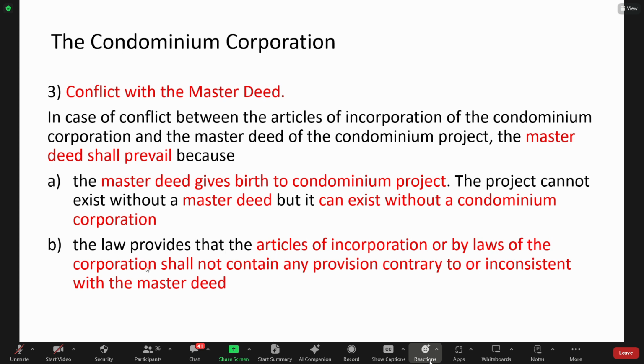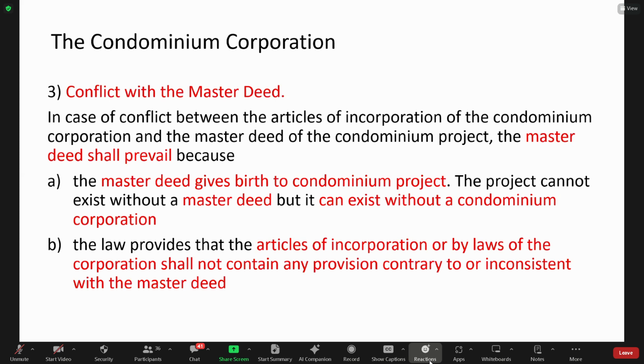So, kapag daw gagawa ka ng articles of incorporation ng condo corporation, hindi siya pwede na maging inconsistent with the master deed. Hindi pwedeng may master deed ka, tapos nung gumagawa ka ng condo corp na articles of incorporation, naisip mo na, ay, mali pala yun.